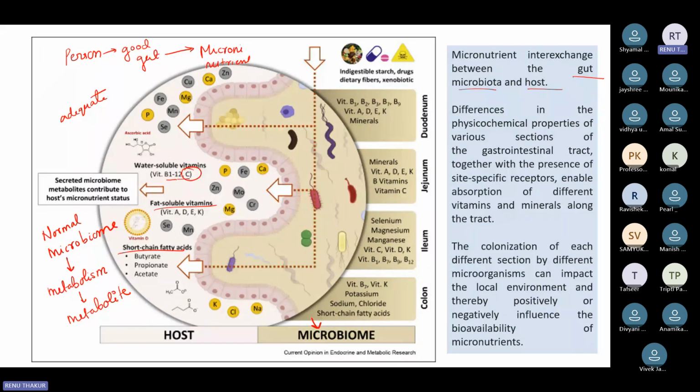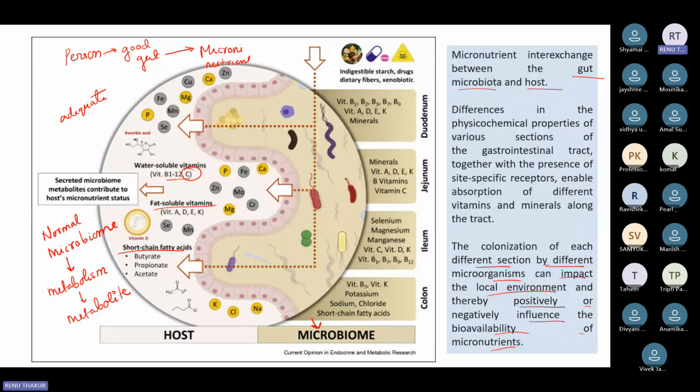So the colonization of each different section by different microorganisms can impact the local environment, and thereby positively or negatively influence the bioavailability of micronutrients. Suppose the duodenum, jejunum, ileum, and colon are all designated to synthesize something.